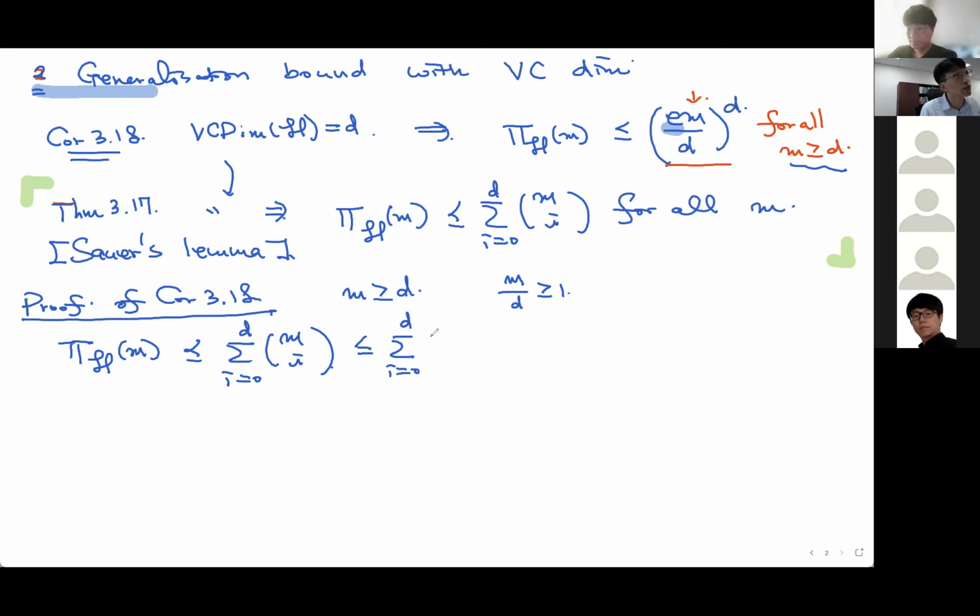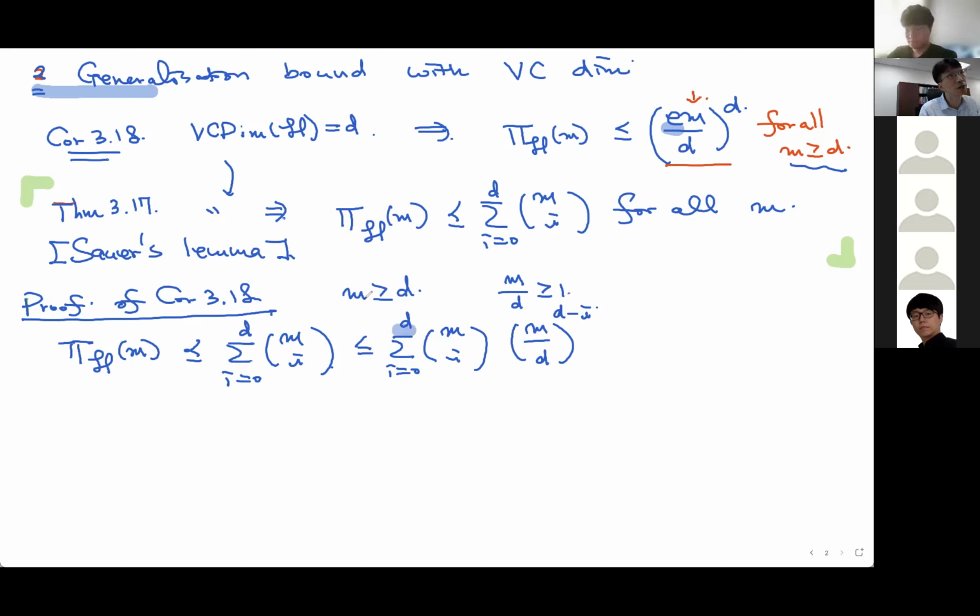So we are losing something, but in return, we make things a bit simpler. So m over d to the power d minus i. And then we also approximate by making this bound larger.